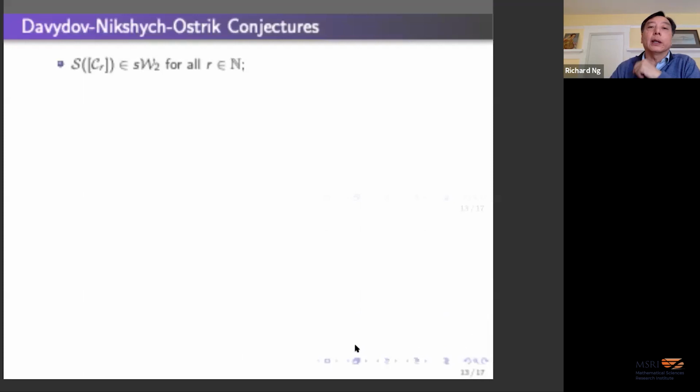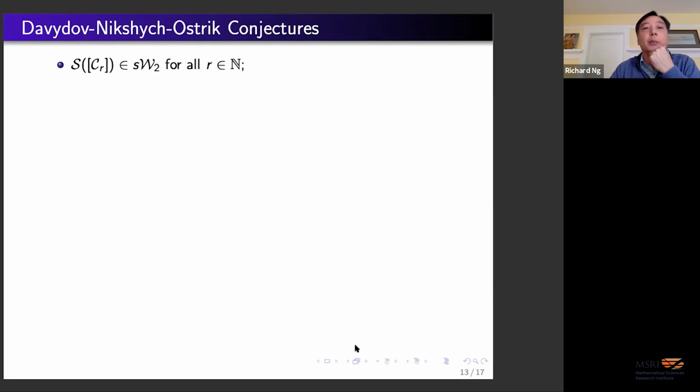So here we come back to their conjecture again, in more precise terms. They conjecture that the image of this C_R, which is the quantum group SO(2R+1) at level 2R+1, are actually in SW2.